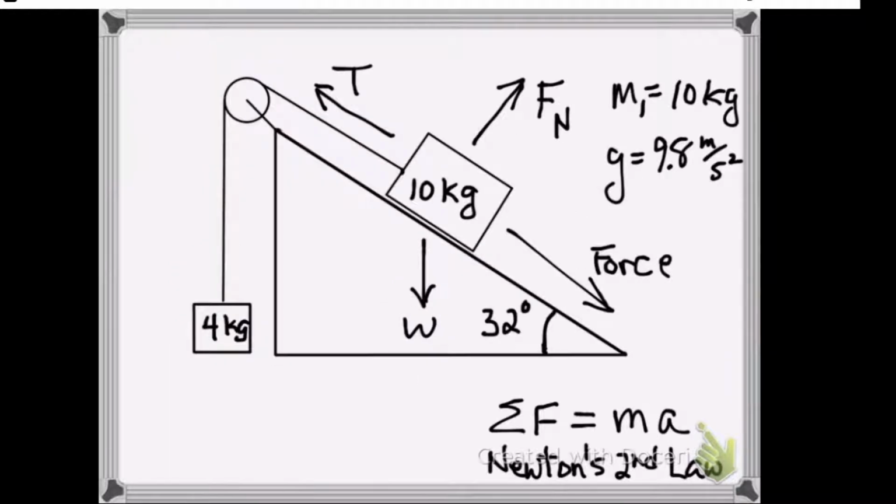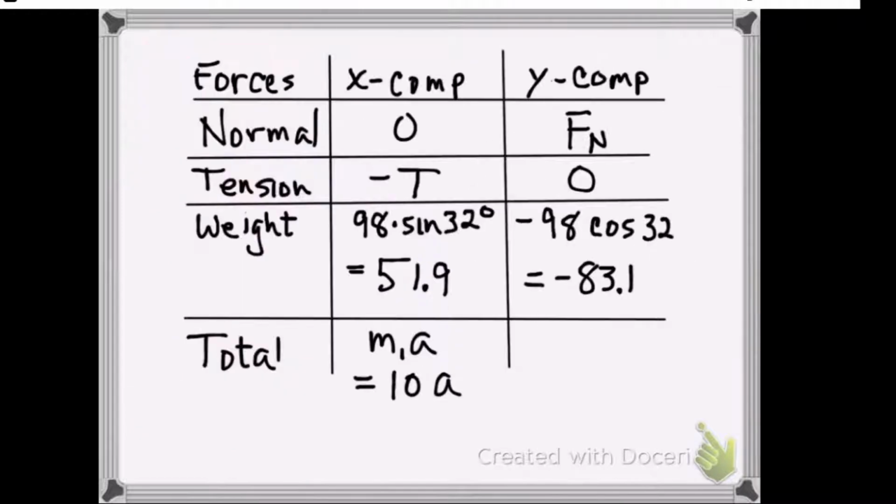If we look at the original drawing, there's no way that this object is going to lift off the inclined plane and fly off into the y direction, or burrow down through the inclined plane and travel in the negative y direction. That just will not happen. So this object will only travel in the x direction. And since it doesn't travel in the y direction, we can say that the summation of the forces in the y direction is 0.